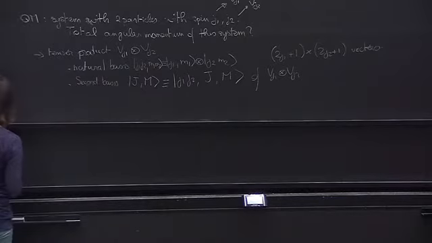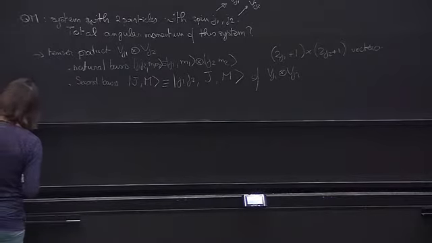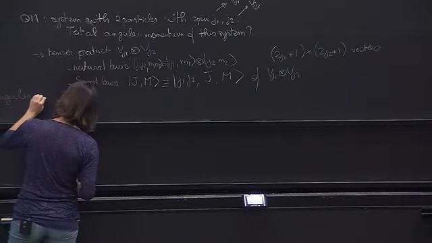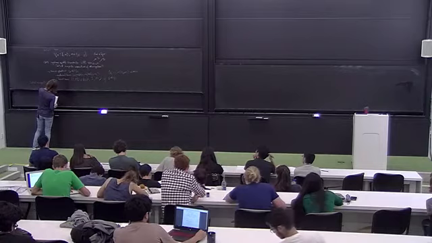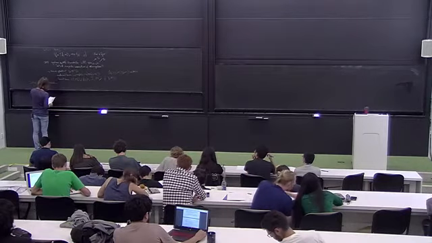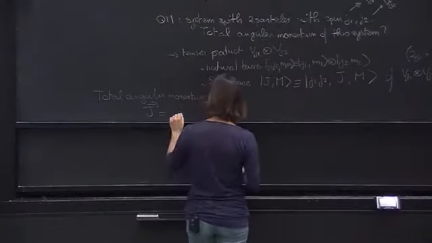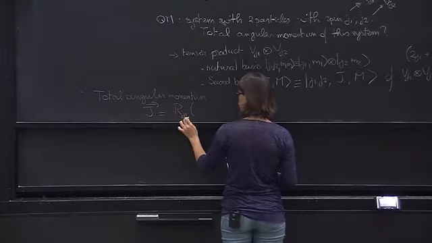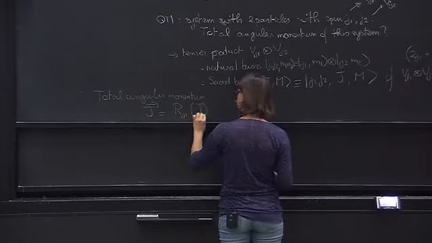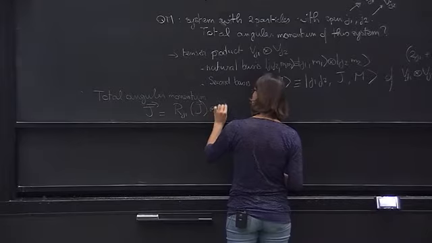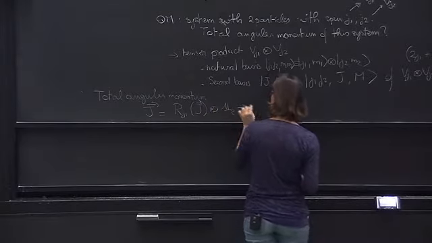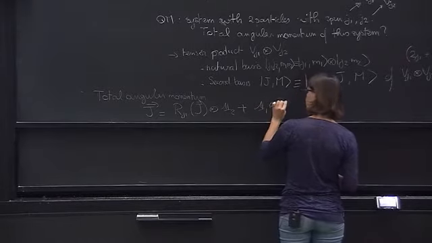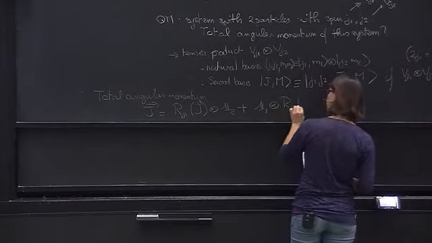The total angular momentum operator is just given by this big J, where you add: you look at the representation of J on V_j1, tensor identity on the second space, plus the same on the other. So this is your operator.